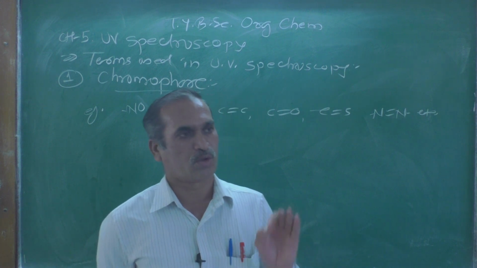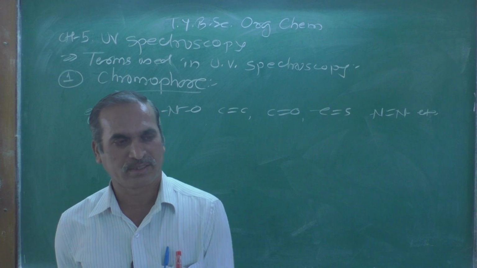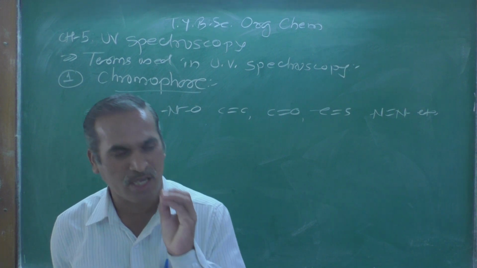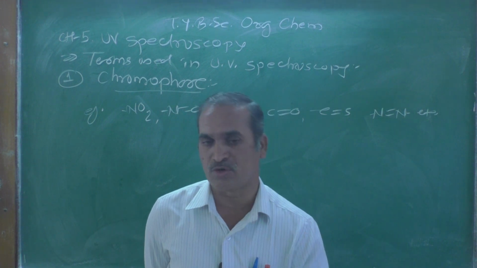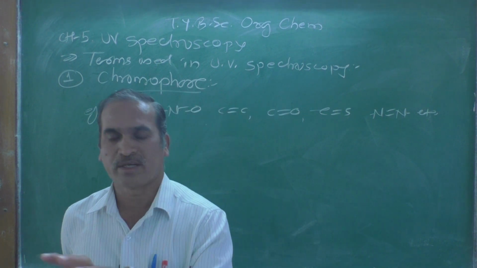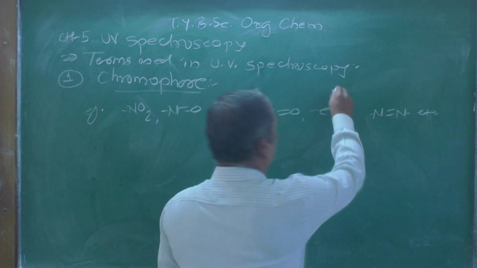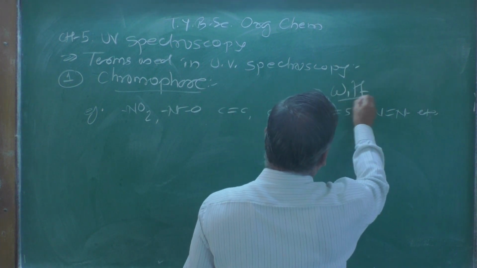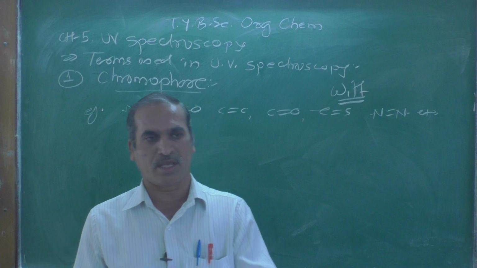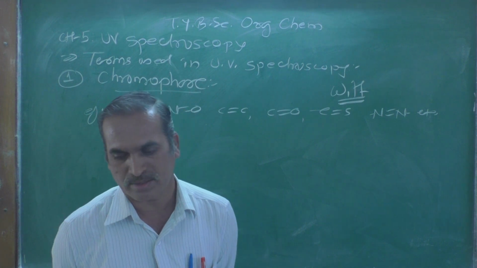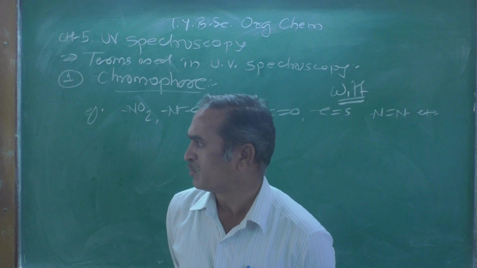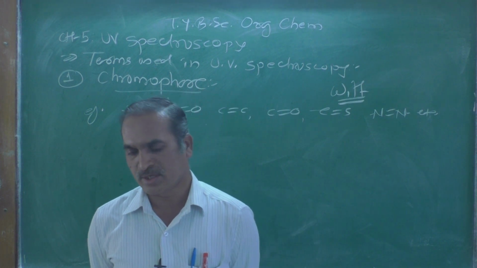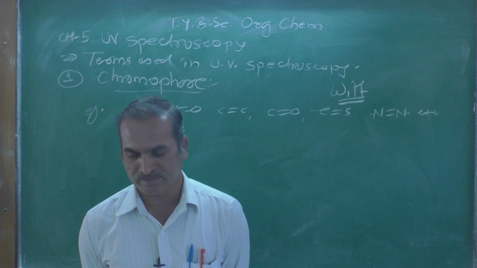Understood this? Chromophore is nothing but an isolated functional group capable of absorbing UV radiation. Witt is a scientist's name. He discovered these terms, and we generally use these words.